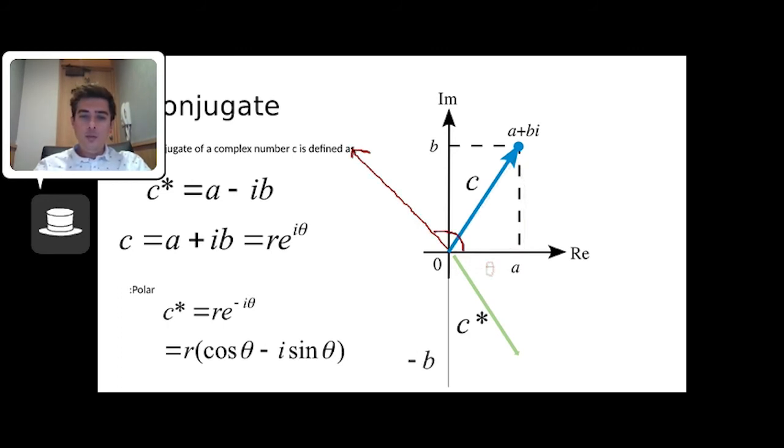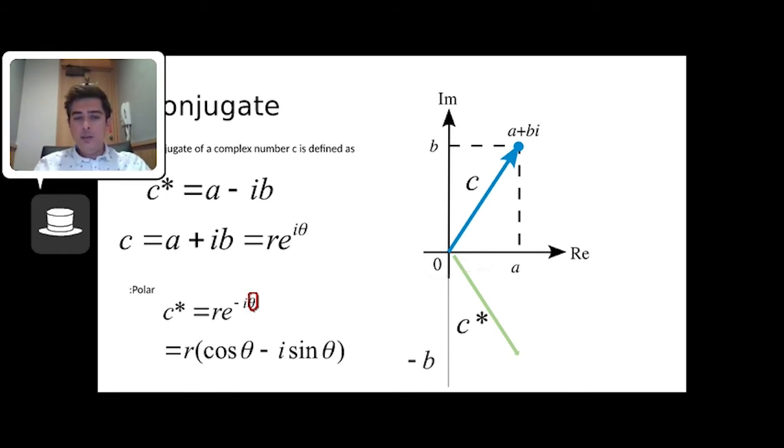Again, the conjugate would be the complex number pointing this way, and so the angle would still be minus theta. So it doesn't really matter where the complex number is. In this case it adds an extra minus sign to the argument, which is the angle of the complex number.